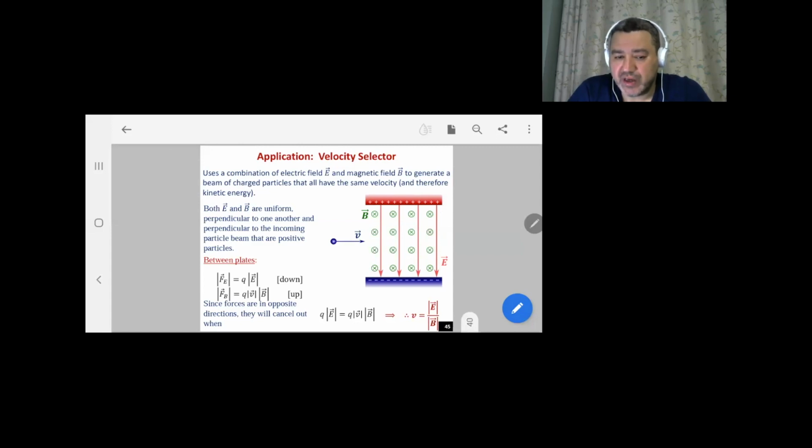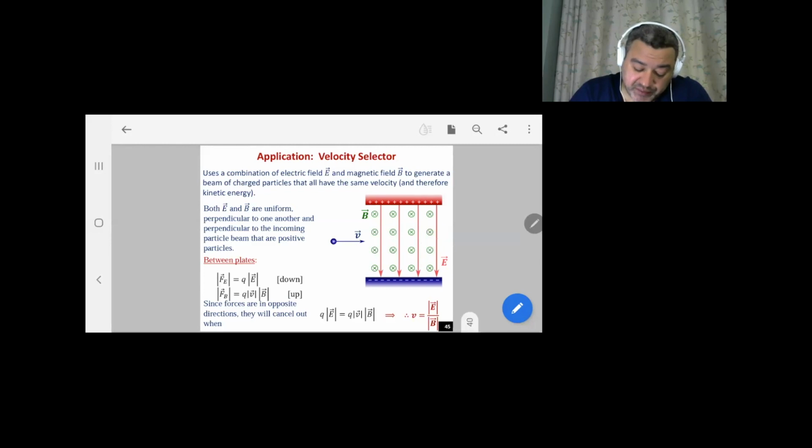So how do we do this? By equating the electric and magnetic force on that charge, which basically cancels the force, so the net force would be zero. That charge is going to continue all the way until it reaches the end of this region without deflecting up or down.